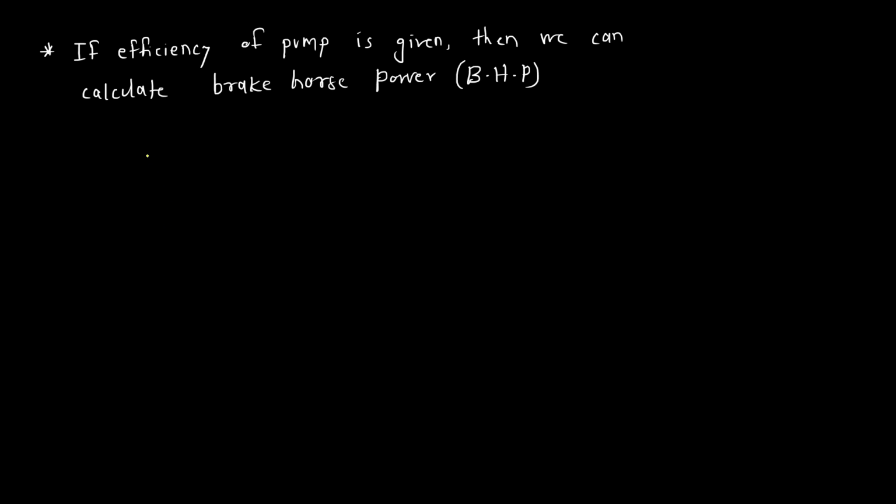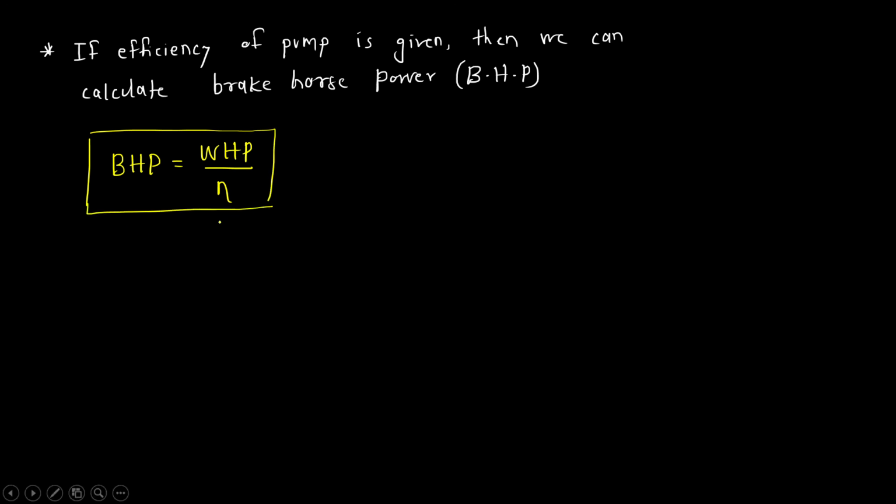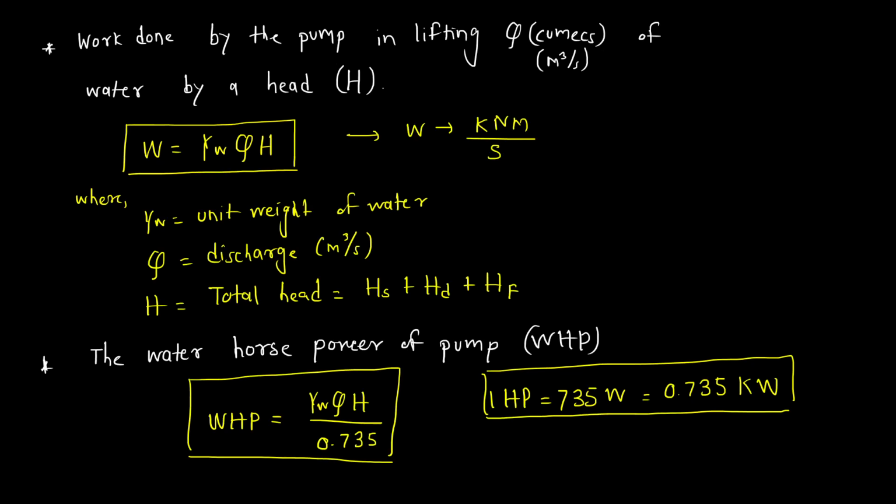The formula to calculate the brake horsepower is BHP equal to water horsepower divided by efficiency of pump. So these are the three formulas which are very important while designing the pumps.